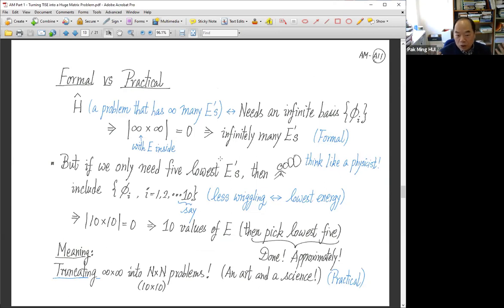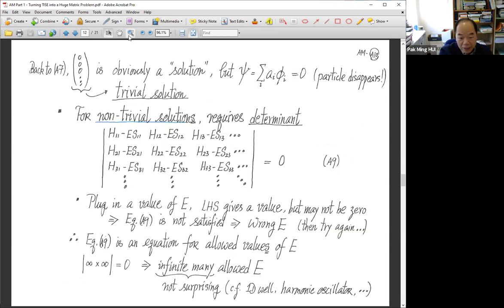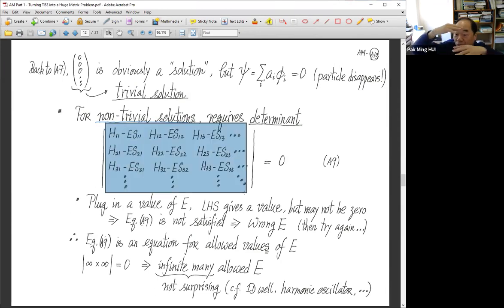So what to do? The trick is to truncate the big matrix, as I already did, okay? So how about if you want the ground state one, okay? Maybe you only take 5 by 5 and then get the 5 values, you take the lowest one, that would be pretty good for your purpose. So make truncations. Now, if 5 by 5, you think, that's dangerous. The ground state value may not be that accurate.